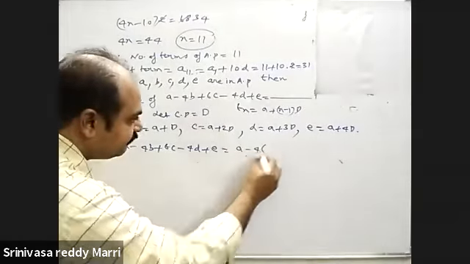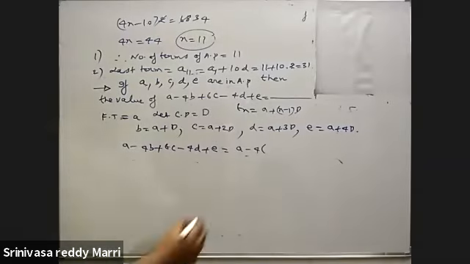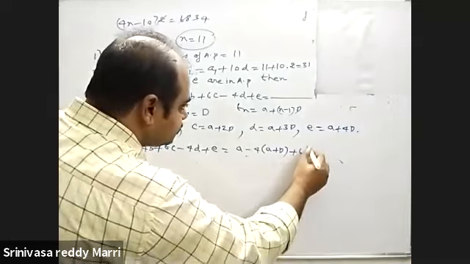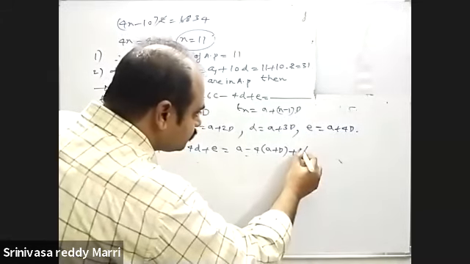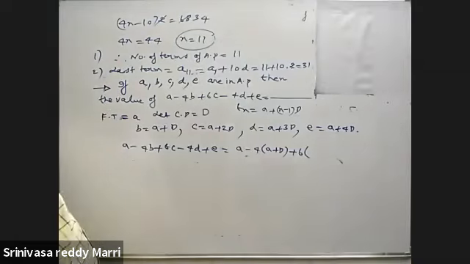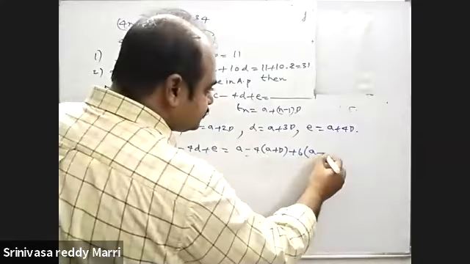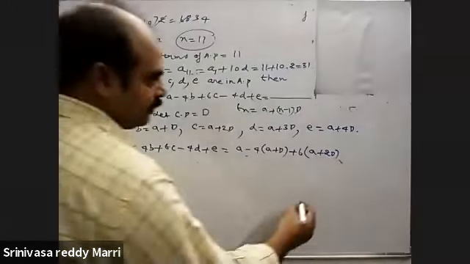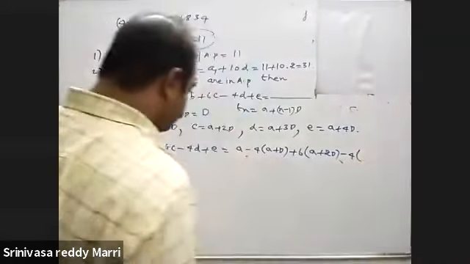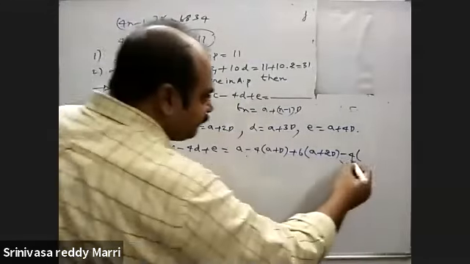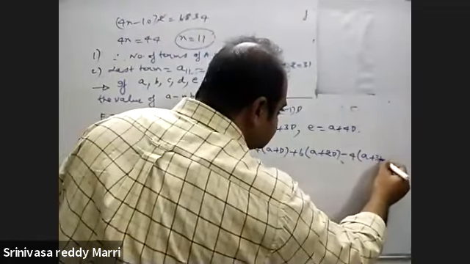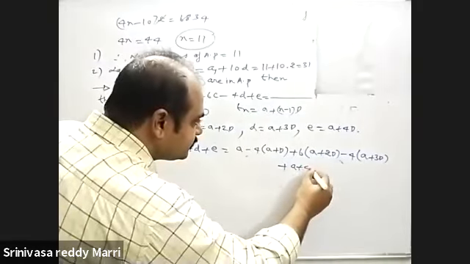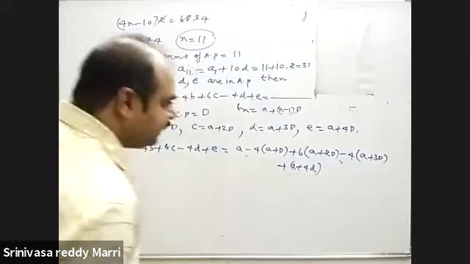A minus 4 into B. B means A plus D, plus 6 into C. C means A plus 2D, minus 4 into D. D means A plus 3D, plus E. E means A plus 4D.